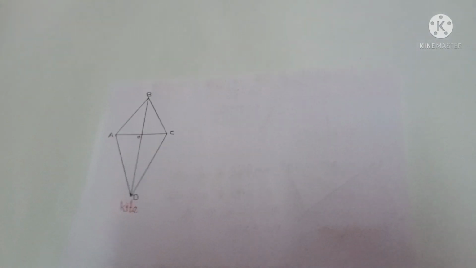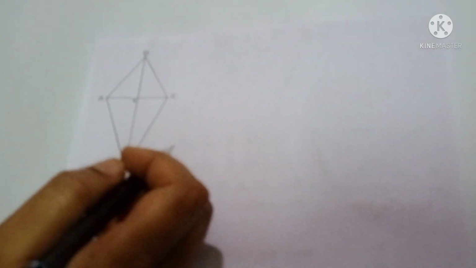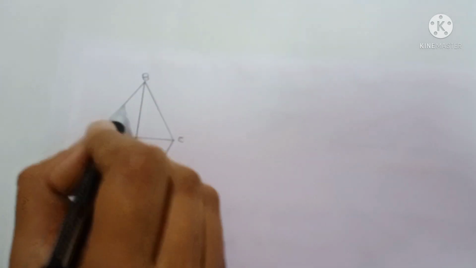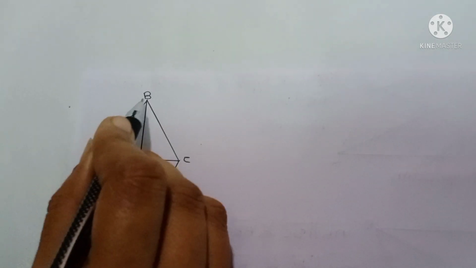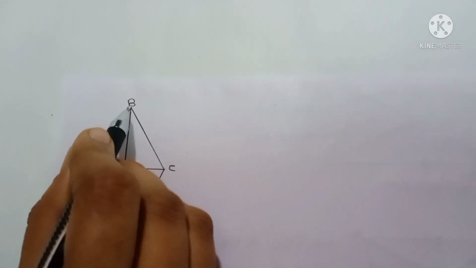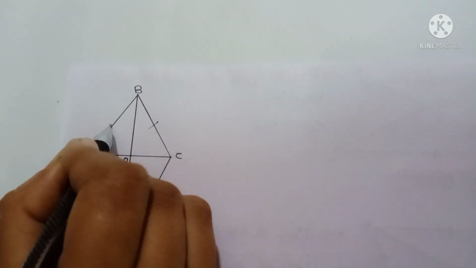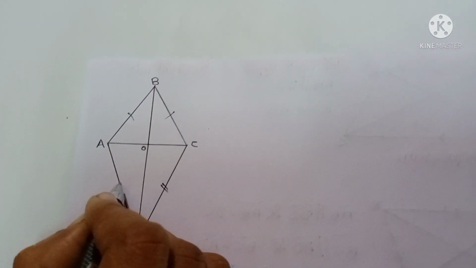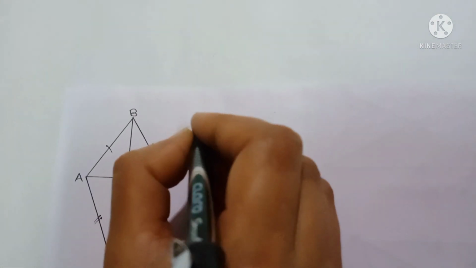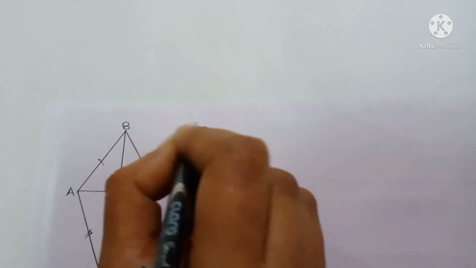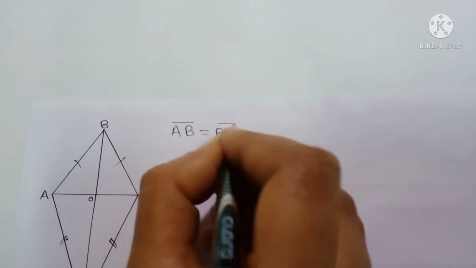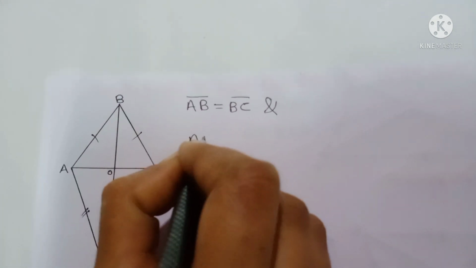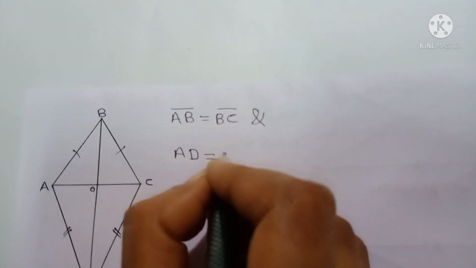Next, kite. In this kite, two pairs of adjacent sides are equal. AB is adjacent to BC, this pair is equal, and another adjacent pair is equal. AB is equal to BC and another pair, AD is equal to DC.